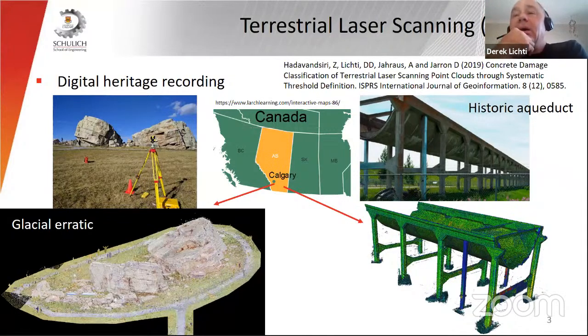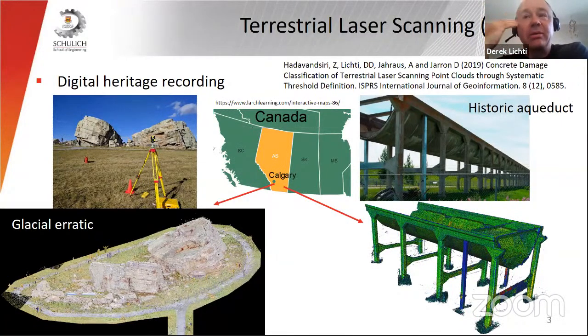On the right, what we can see is an historical aqueduct. This is not a Roman era aqueduct; it is much newer. It was constructed in southern Alberta, about 200 kilometers southeast of Calgary, around 100 years ago, to bring water to the southeast agricultural district, which is very arid but yet very fertile at the same time.